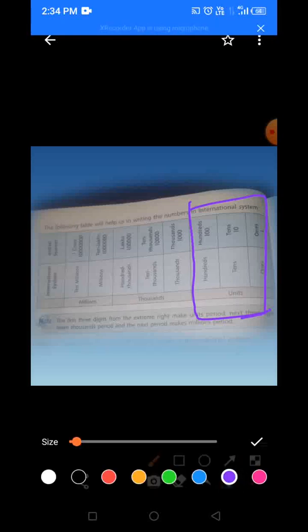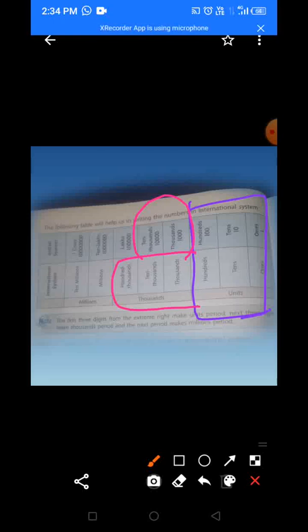In the international system, these 3 will come under the 1000 period. Let me clear it nicely. These 3 will come under the 1000 period. Now here we start differentiating. And for the 1000 period here, this will be the answer.